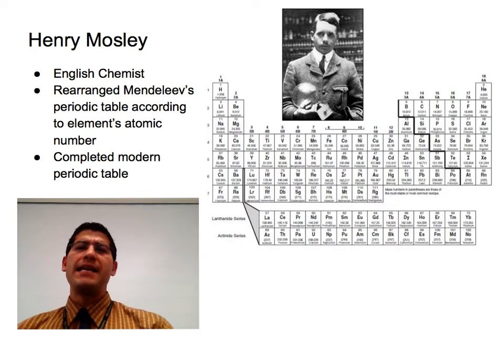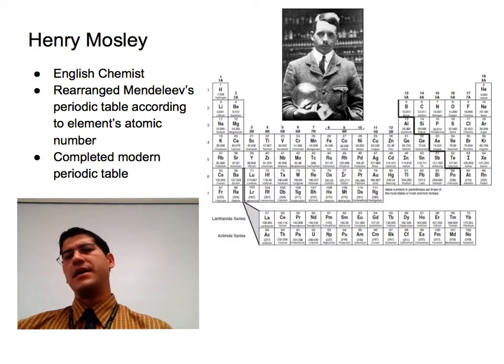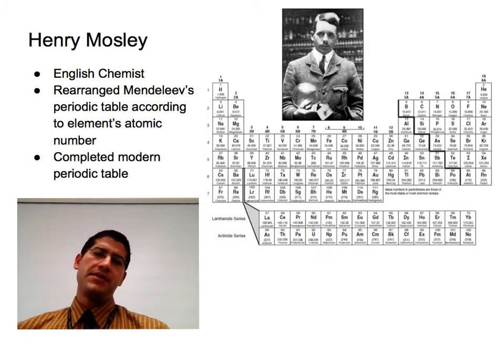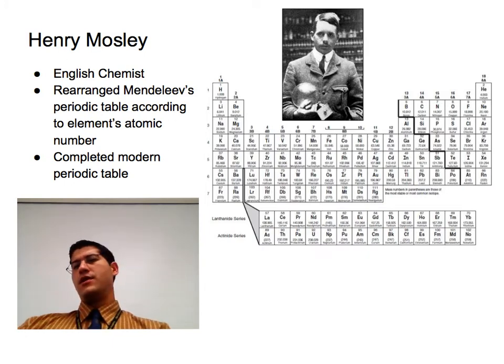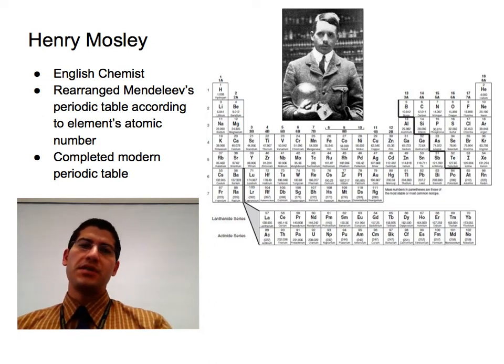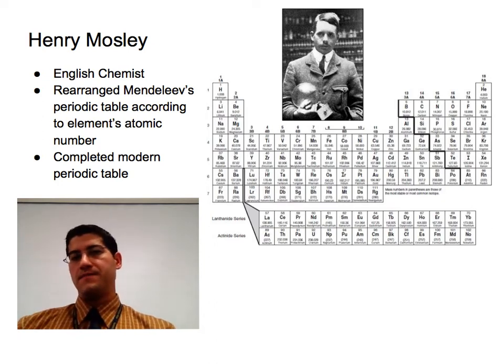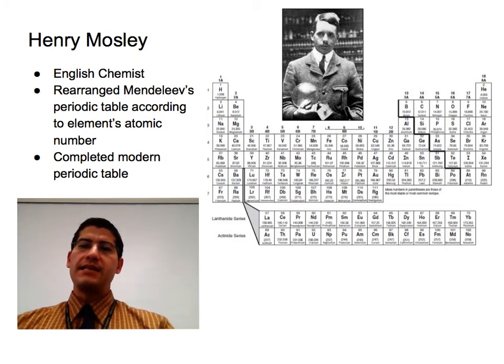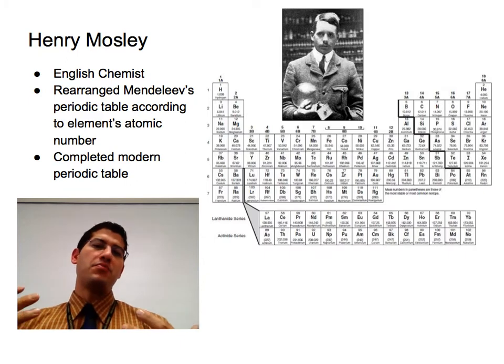Mendeleev's table was 9/10 of the way there, but needed one important modification before it became the modern periodic table: the use of the atomic number as the organizing principle for the periods. Mendeleev ordered his elements in order of their atomic mass, and this gave him some problems.